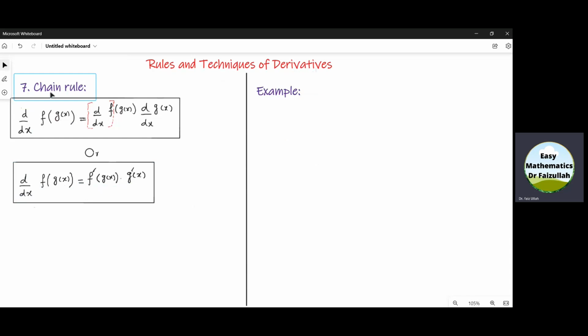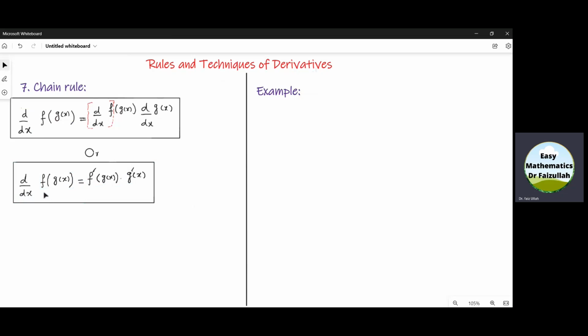The chain rule is used when we are given a composite function, just like f of g of x. The differentiation of f of g of x is equal to f dash of g of x into g dash of x. Here we can see that f is the outer function and g of x is the inner function.